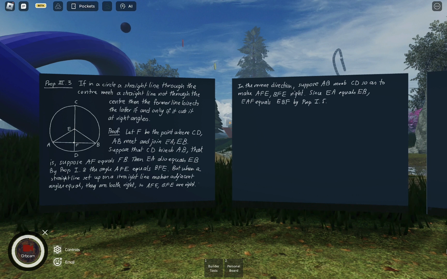And then we have that these two triangles have two angles equal to two angles and one side equal to one side. So by proposition 26, the remaining sides and angles are equal.